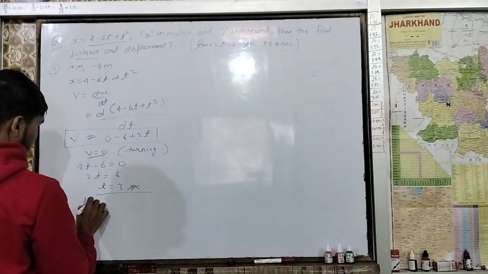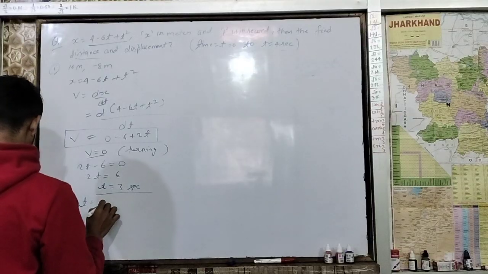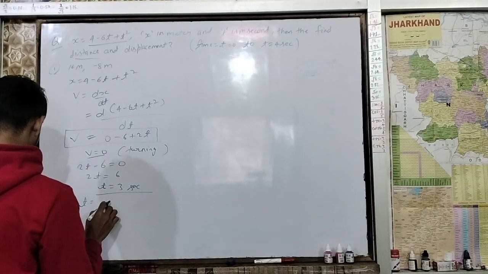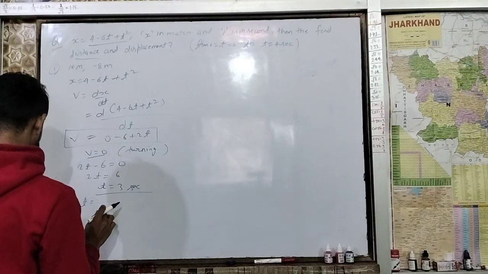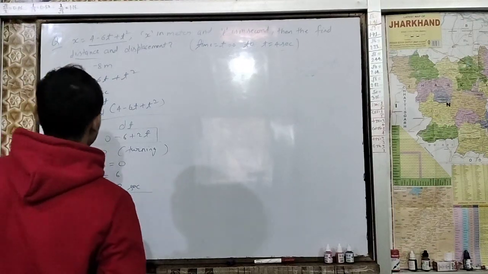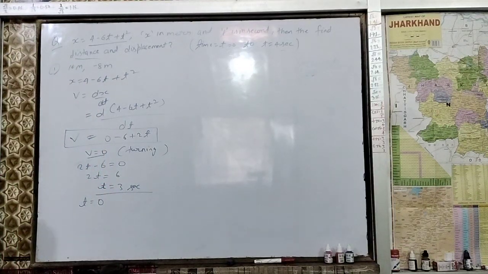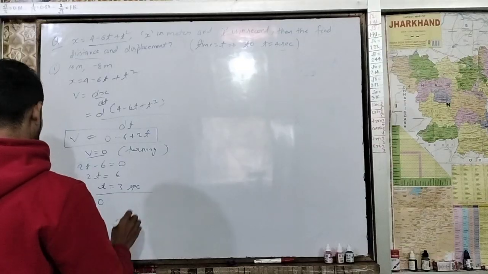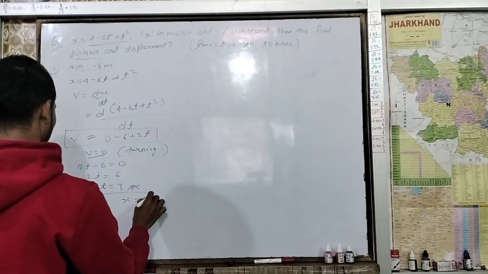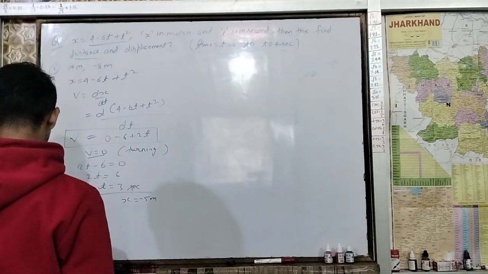At t equal to 3 seconds, x is minus 5 meter.